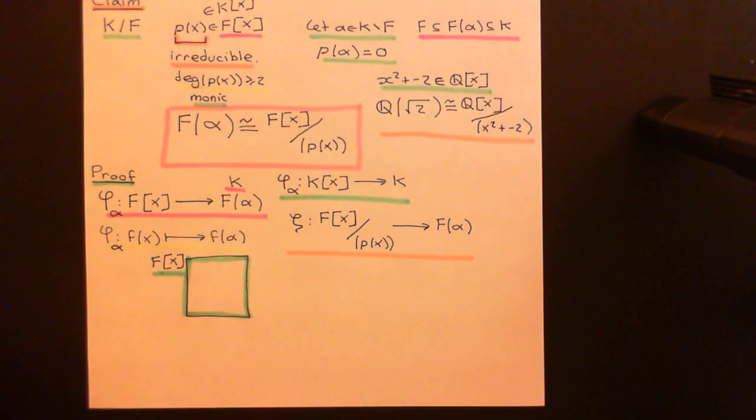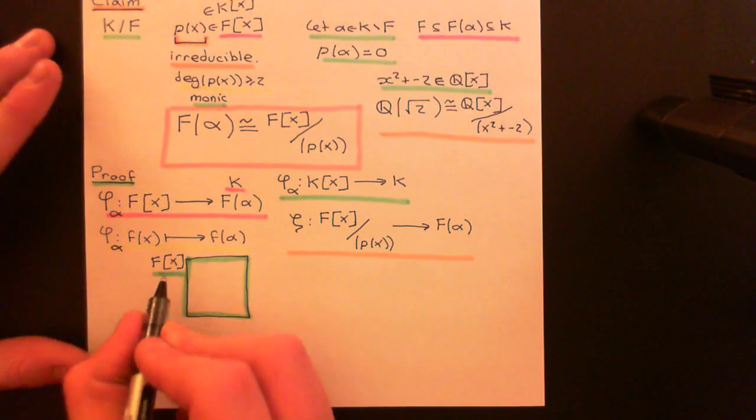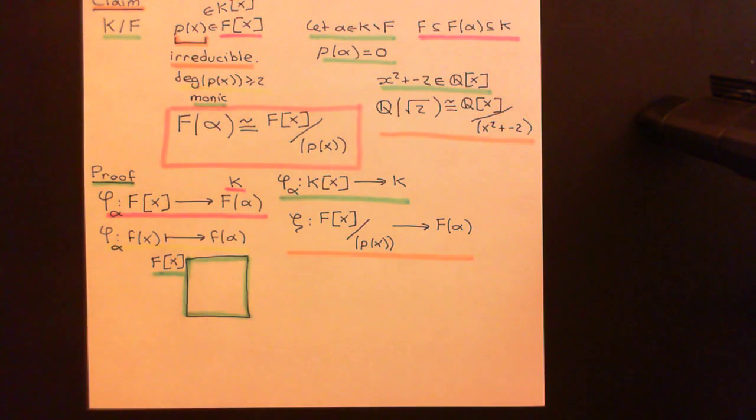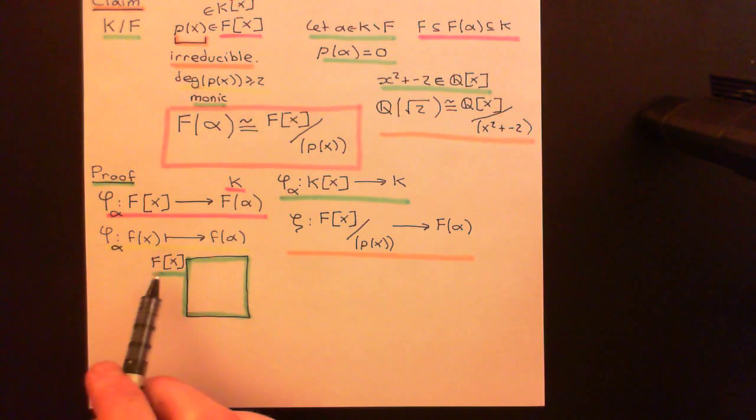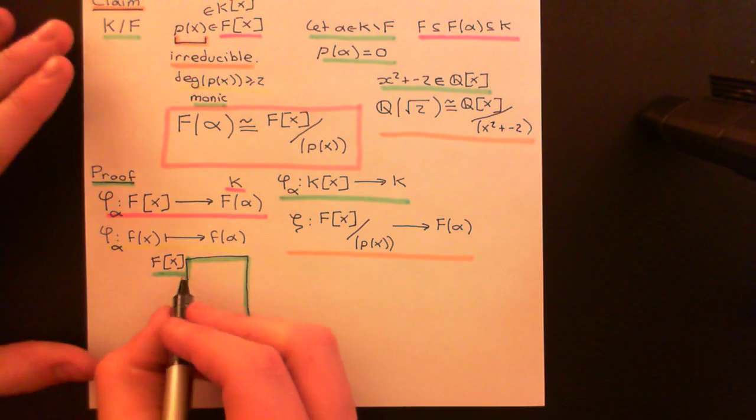It's going to be a good idea to have everything color-coded in a specific color. So we'll color-code the ring of polynomials over the field F in green. And when we come on to the additive and multiplicative compatibility arguments, I will color the addition and multiplication that is in the ring of polynomials over the field capital F in green as well.